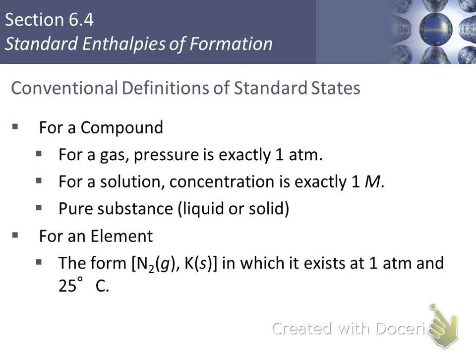And if it's a pure substance, it's got to be in a liquid or a solid state. We are not going to deal right now with things that are not at these standard states, so the fact that you know the values for them is not a huge deal. But I think it's okay for you to have the definition. So a standard state means we're at 1 atmosphere of pressure, 1 molar concentration in our solution, and our pure substance has to be liquid or solid.